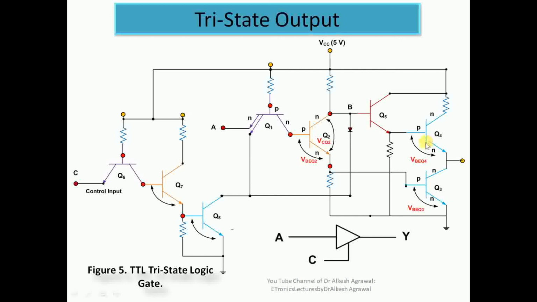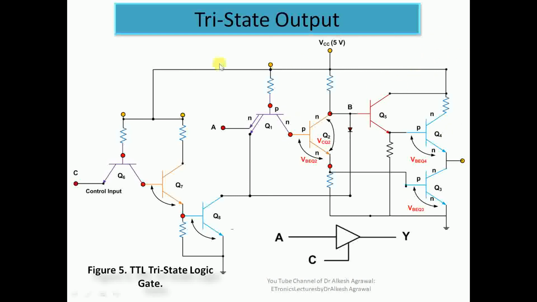Q3 and Q4 are connected such that the emitter terminal of Q4 is connected to the collector of Q3, and the emitter terminals of Q2 and Q3, all three are grounded as shown.